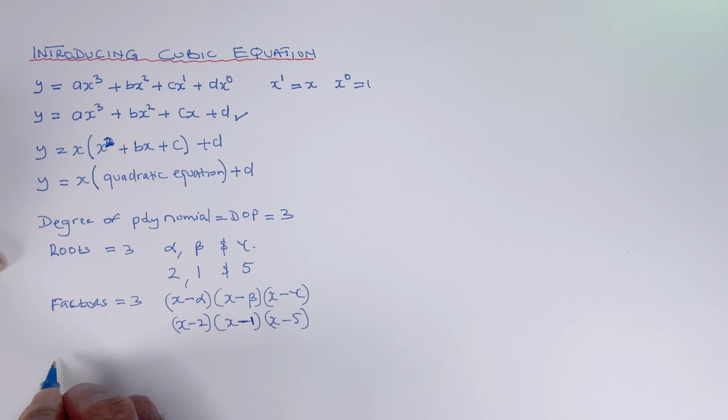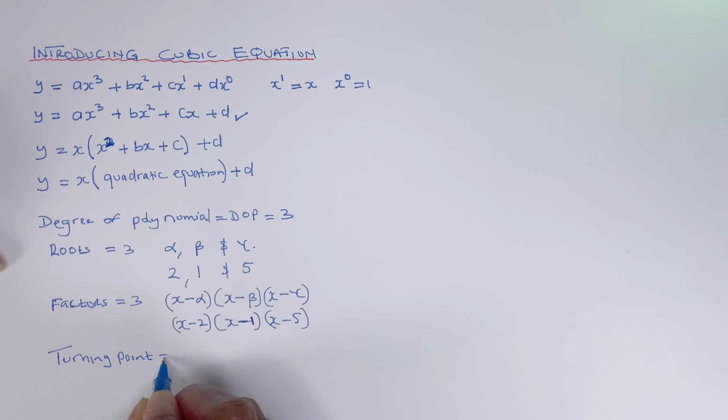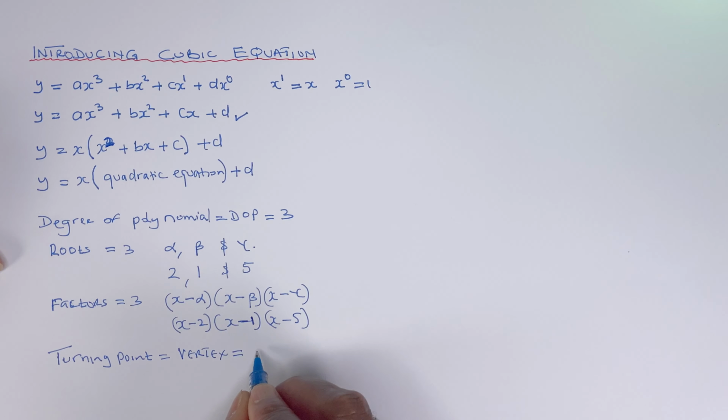It will have turning points. It will have 2 turning points, which we call the vertex. And the number of turning points can be found by degree of polynomial minus 1.